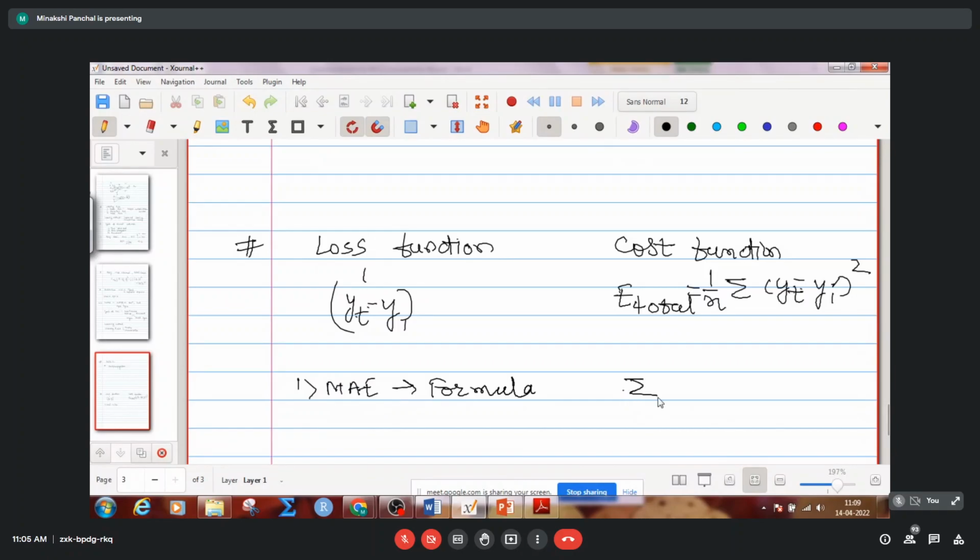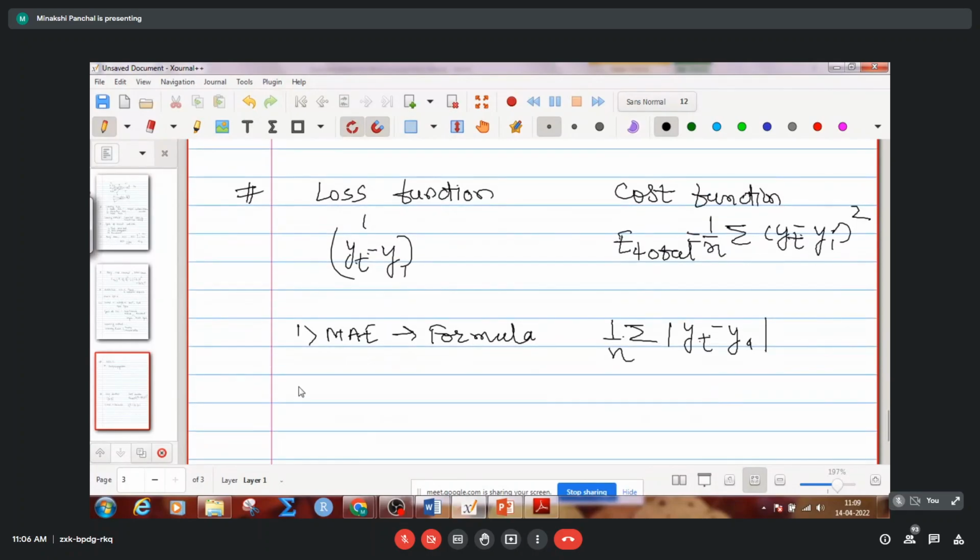This is equal to 1 by n summation of mod of yt minus ya. This formula you should write down, as well as where you are using that MAE. MAE is useful whenever there is a major role of outlier data.